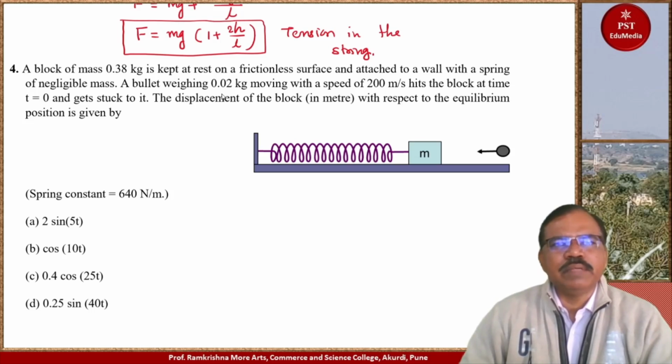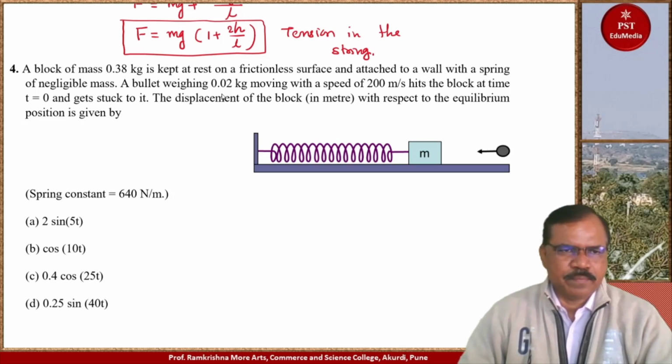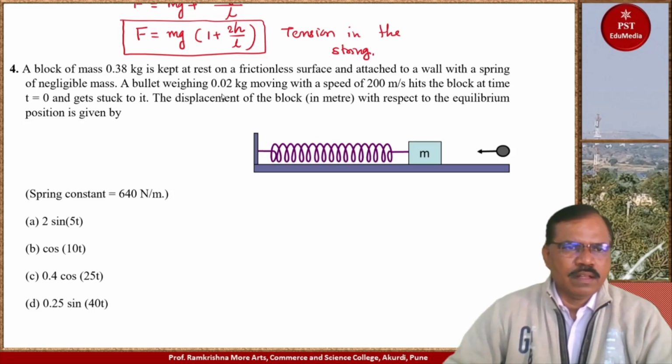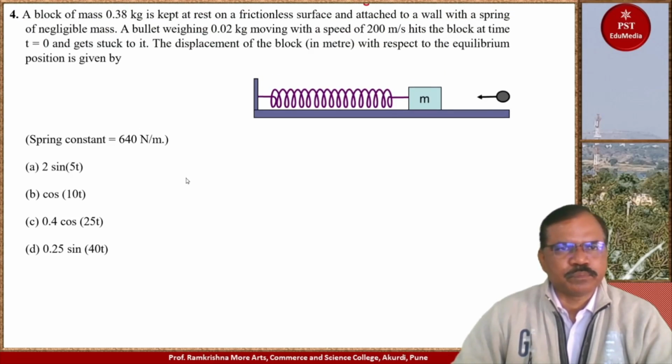The displacement of the block in meters with respect to equilibrium position is given by: A, 2 sin pi t; B, cos 10t; C, 0.4 cos 25 pi t; D, 0.25 sin 40t.